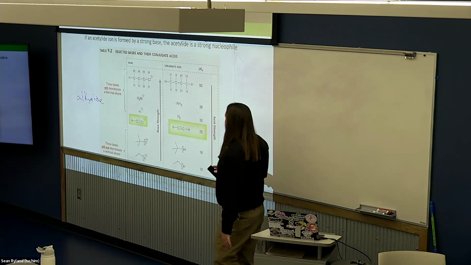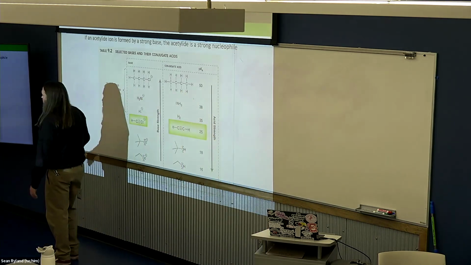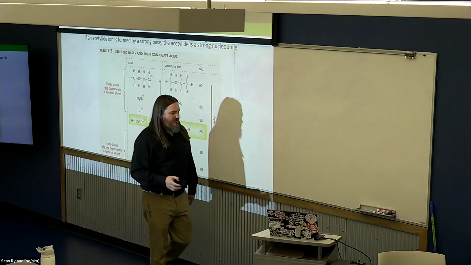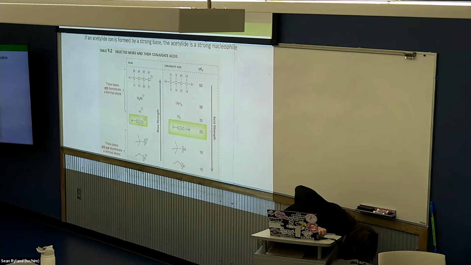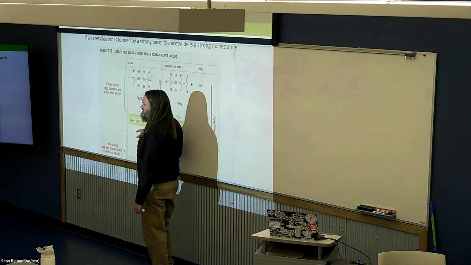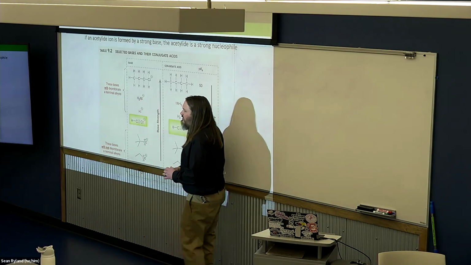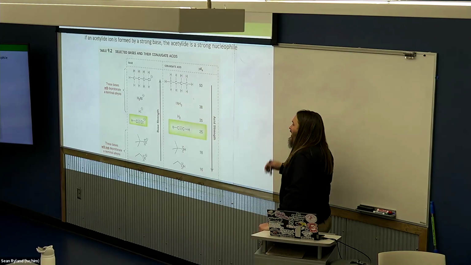The other helpful thing about this: remember, strong bases were also typically good nucleophiles, right? Because if it's super unstable on its own, it has a negative charge, it's going to seek out a positive charge.